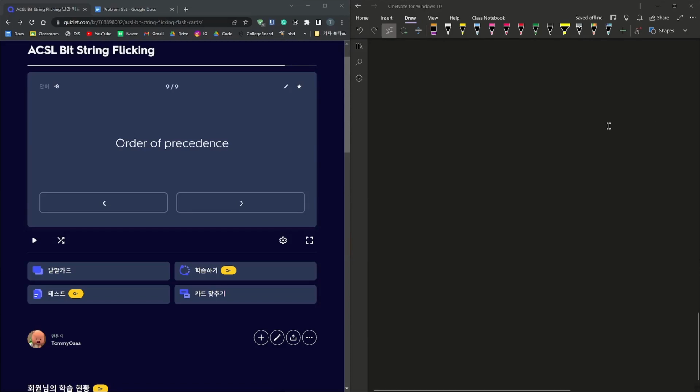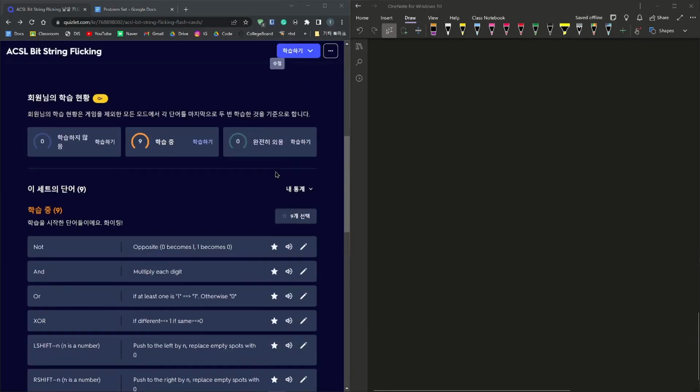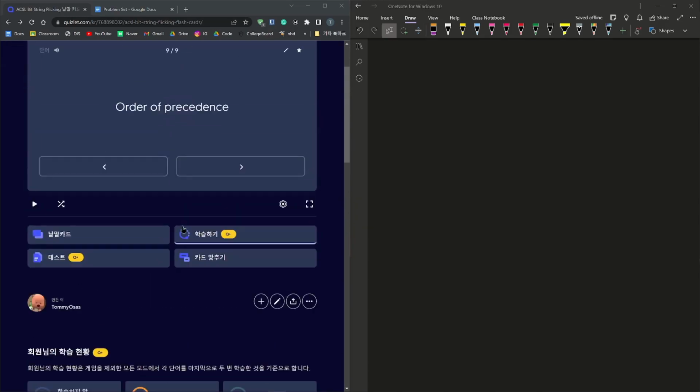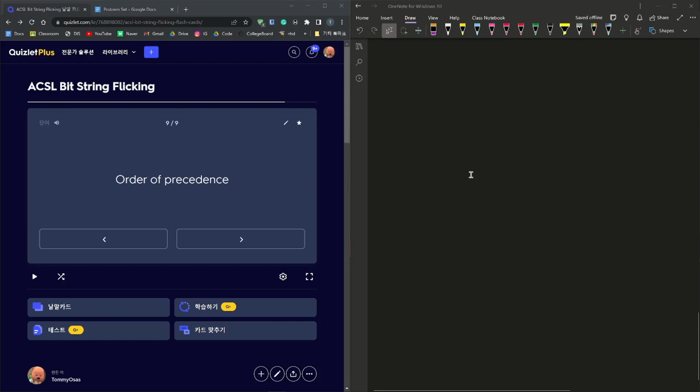Here's another important thing to consider. When you're solving ACSL problems, you will see that all of these functions are mixed with each other, and you will not know what order to proceed in. So for instance, in math, there's PEMDAS, right? PEMDAS: parentheses, exponents, multiplication, division, addition, subtraction.